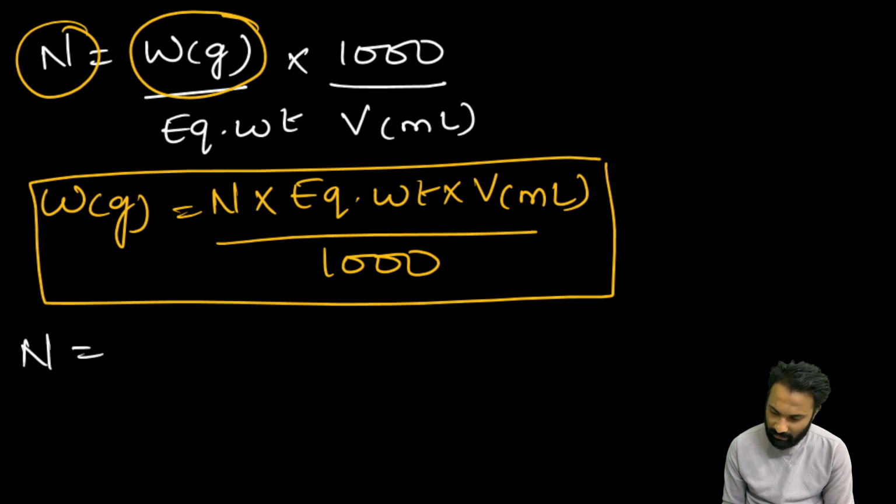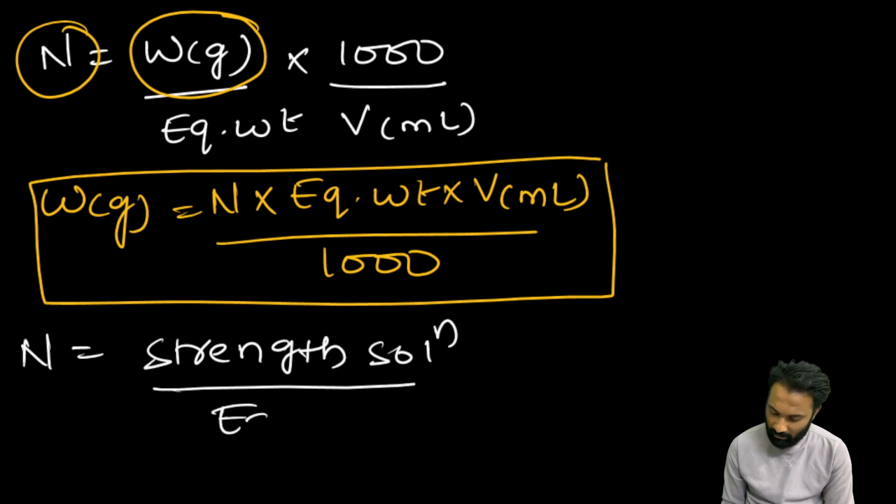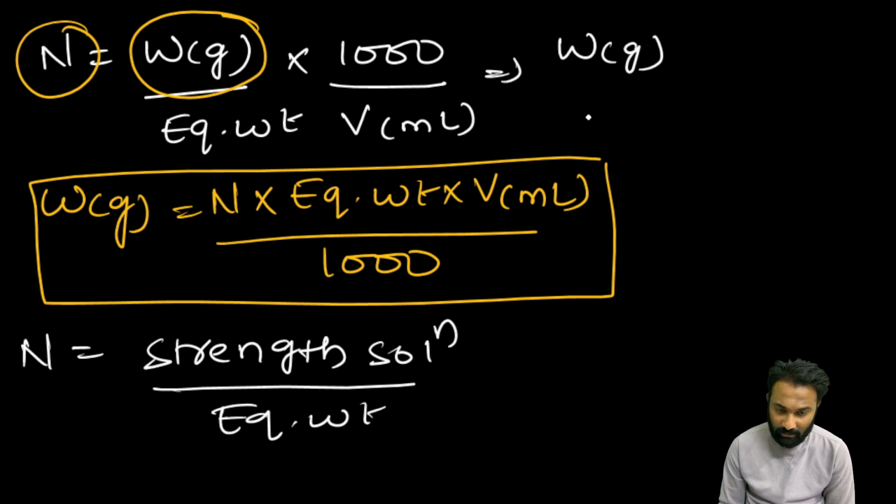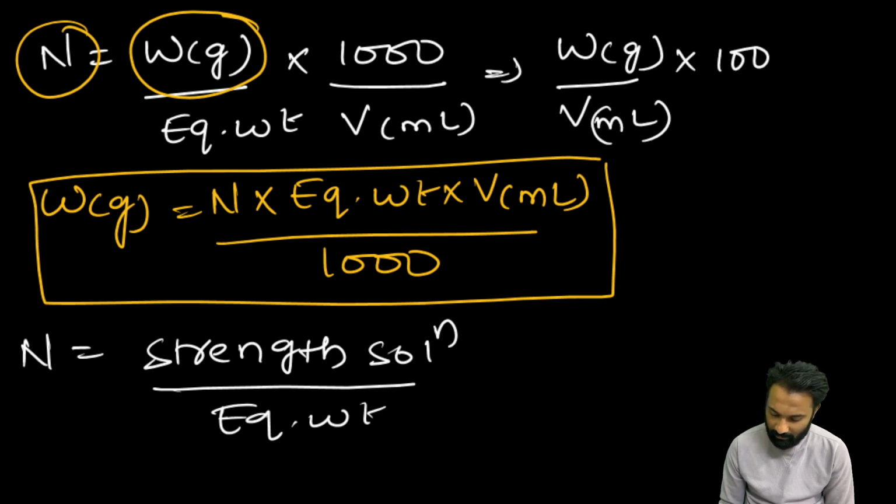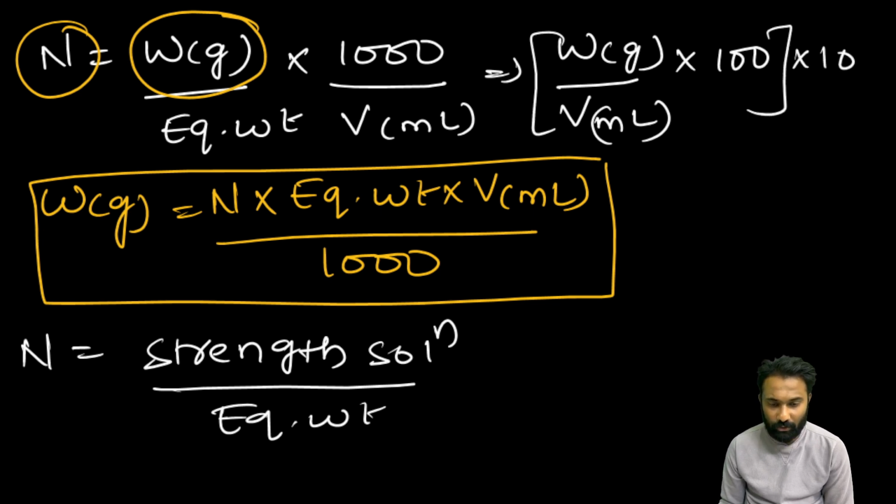Now here also, N is equal to strength of the solution by equivalent weight. How do we get the strength of the solution? Again, W by V mL into 100 into 10 into 10.